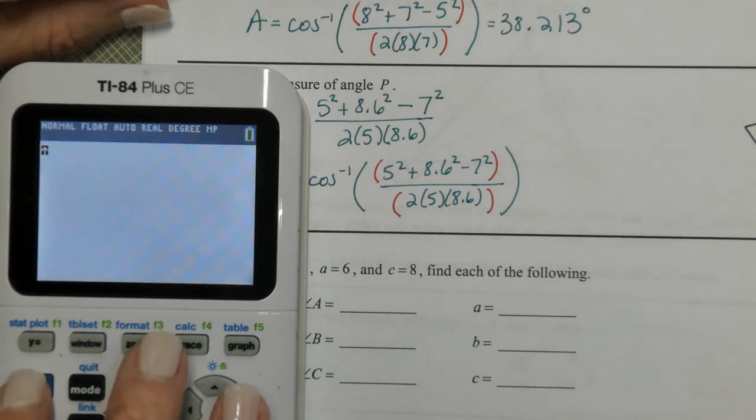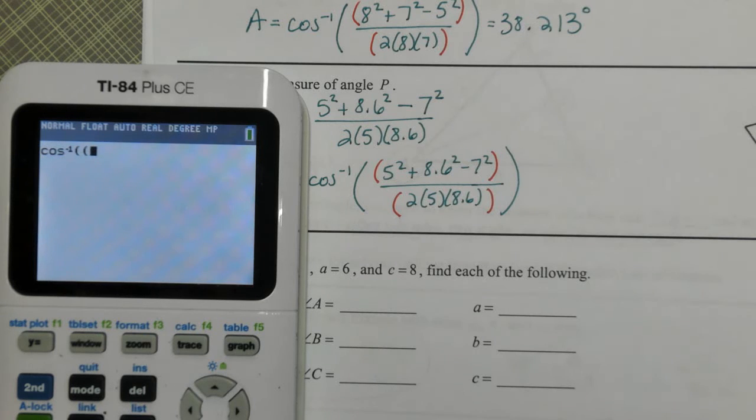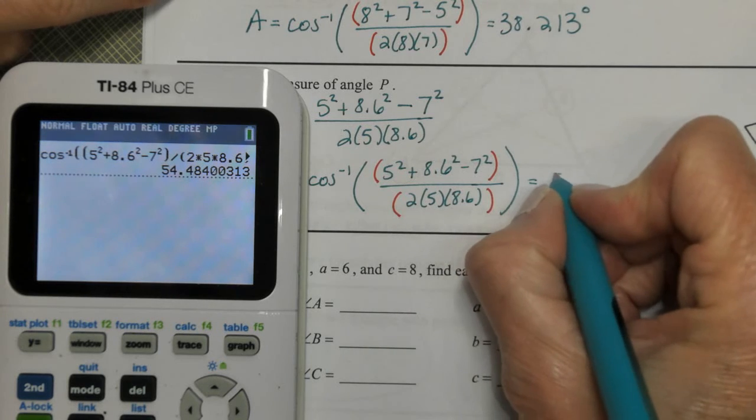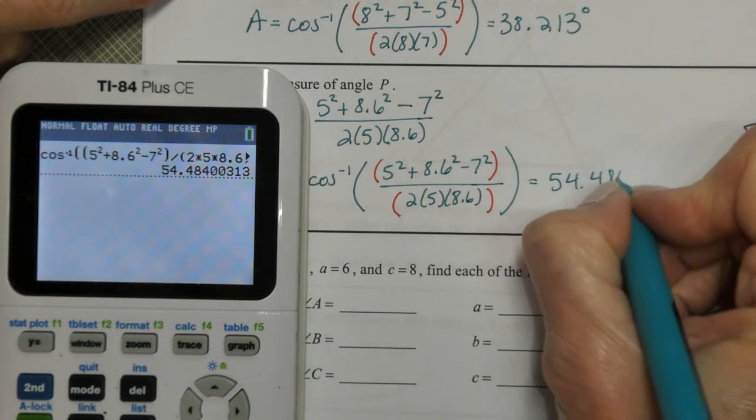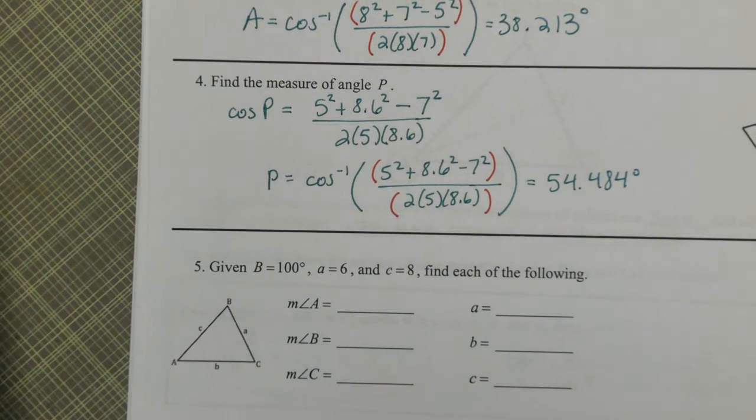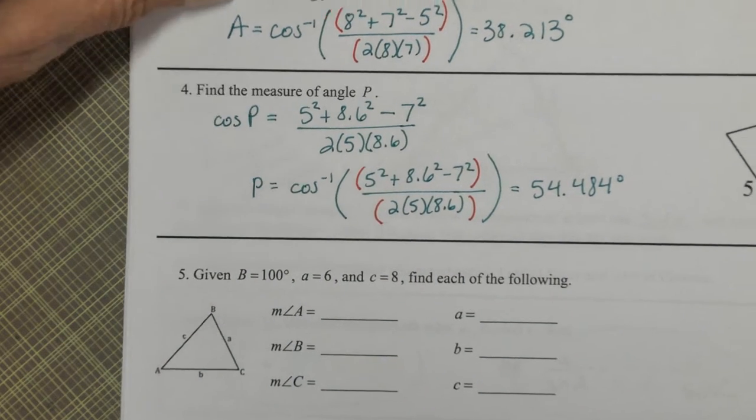Okay, so inverse cosine, parentheses, an extra parentheses, 5 squared plus 8.6 squared minus 7 squared, close the parentheses around the numerator, divided by, open parentheses around your entire denominator, 2 times 5 times 8.6, close parentheses around the denominator, close parentheses for your inverse cosine, and angle P is 54.484 degrees. Okay?